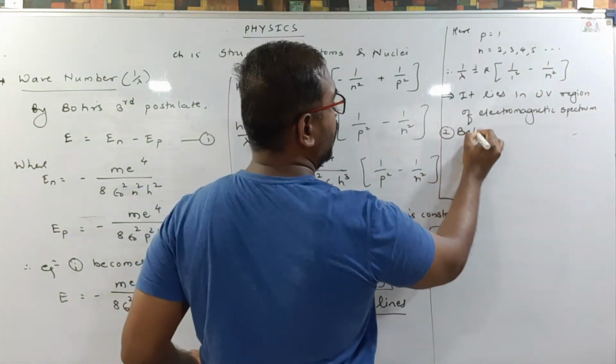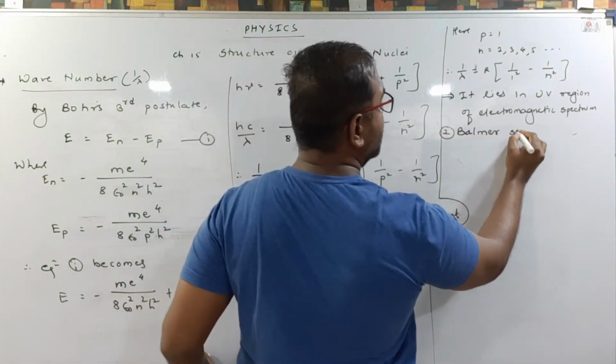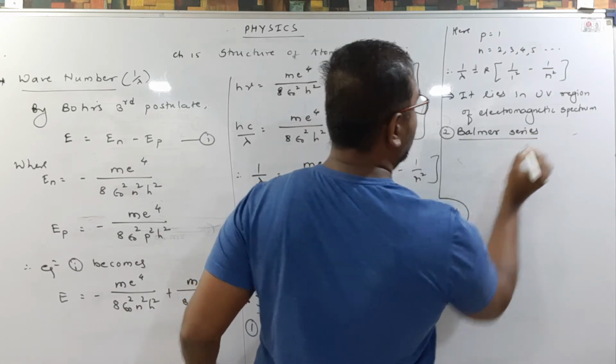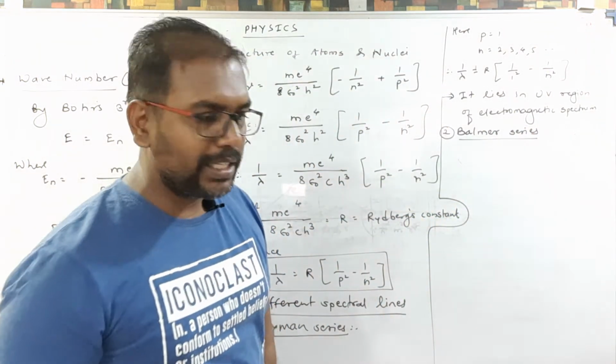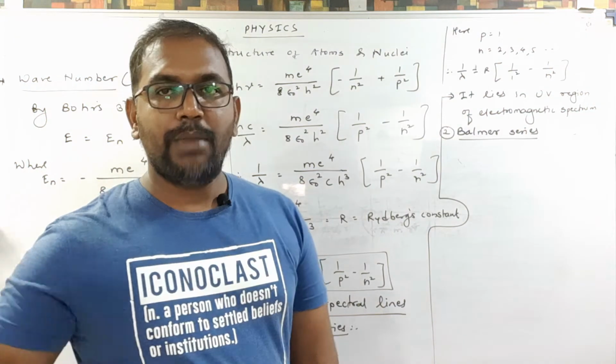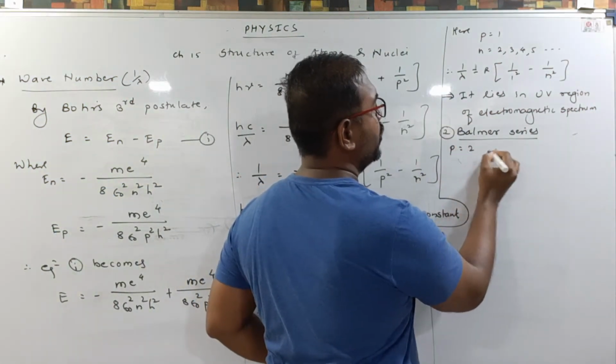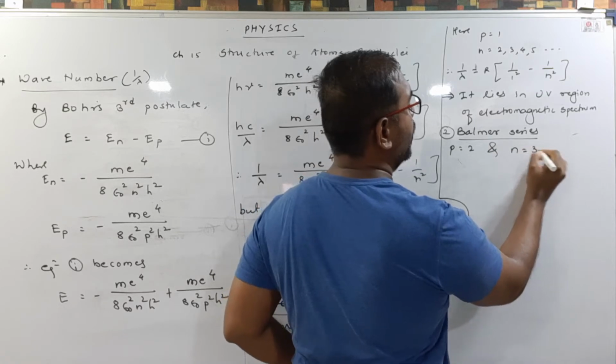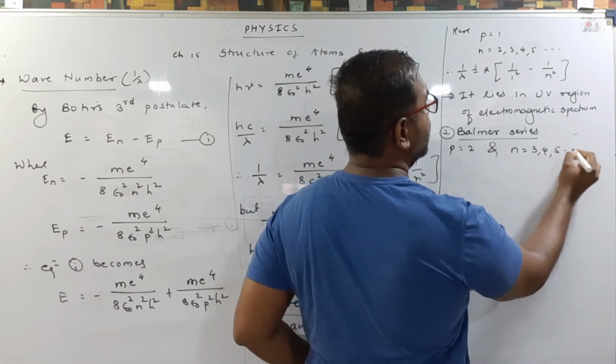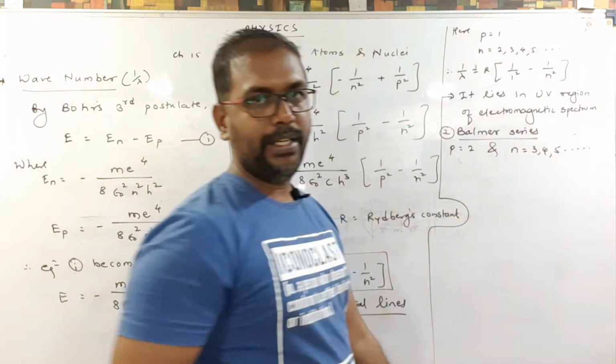Balmer series. After Lyman, the next one is Balmer. Only here, the electron jumps from an outer orbit to inner orbit 2. So the inner orbit is 2 and the outer orbit is 3, 4, 5, 6, 7 up to infinity.